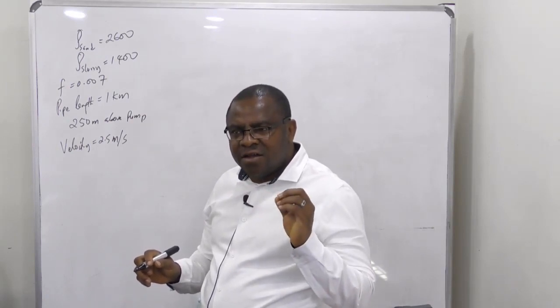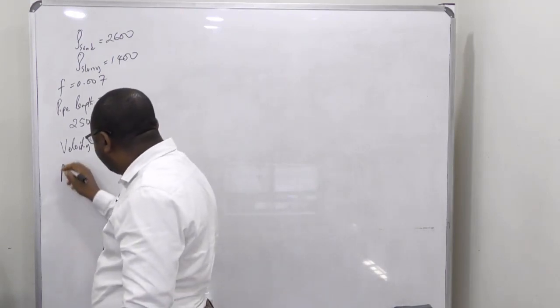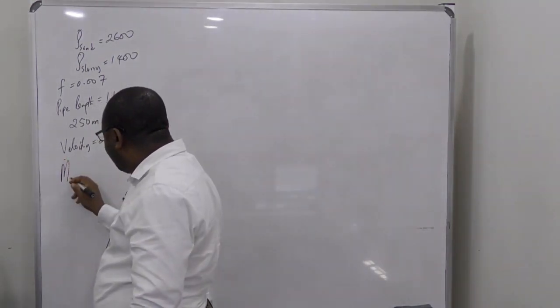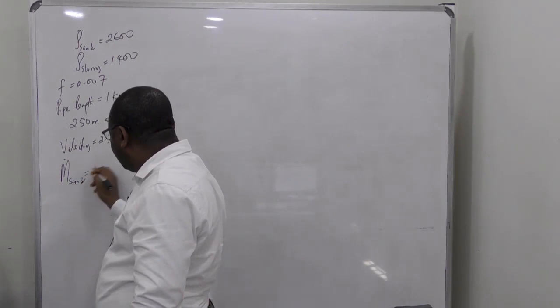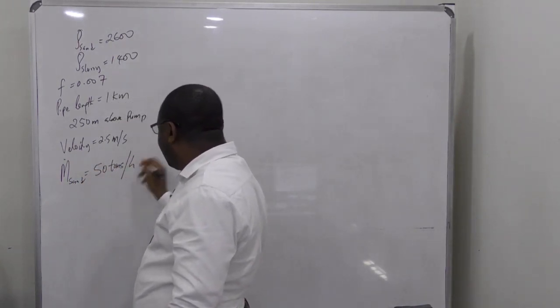That is the mass of dry sand. So that is mass of sand is 50 tons per hour. Okay.